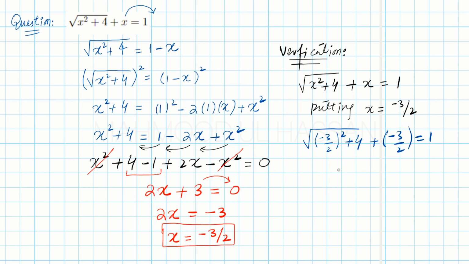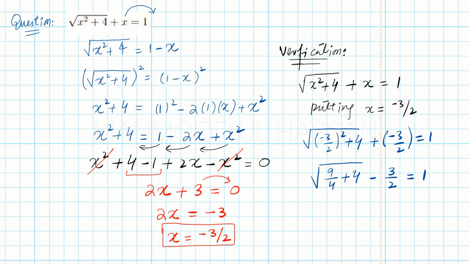Okay, simplify this square root term, so that would become square root of 9 upon 4 and then plus 4, and here we have negative 3 over 2 is equal to 1.